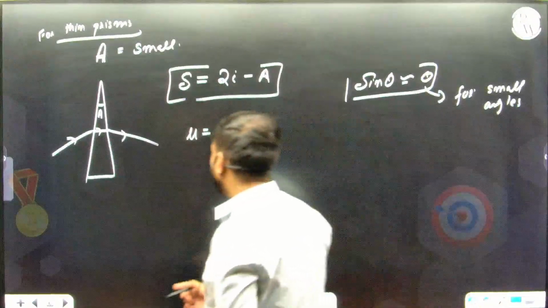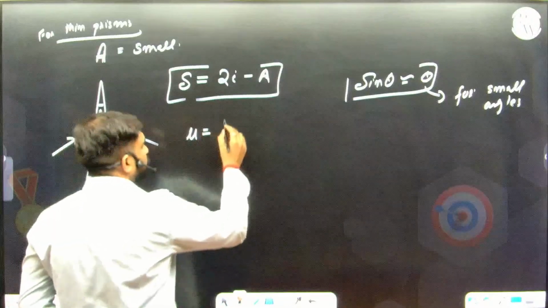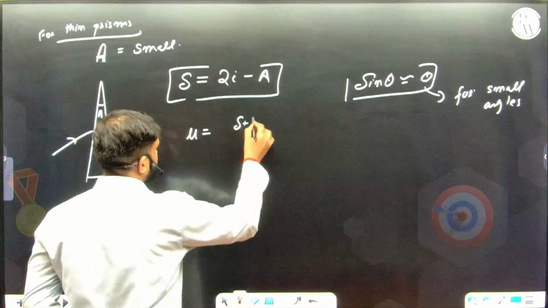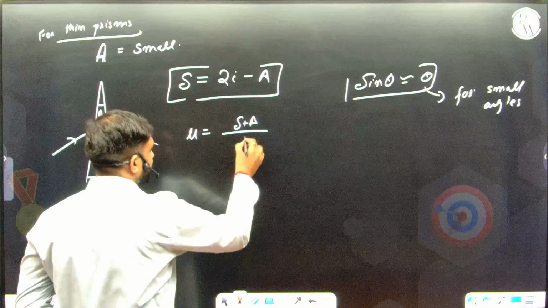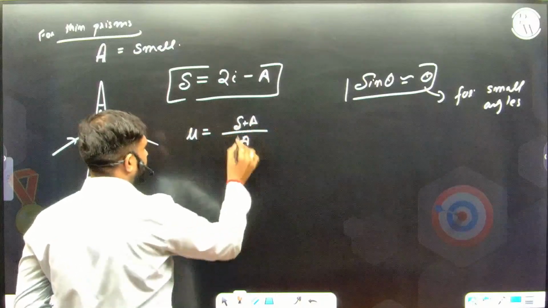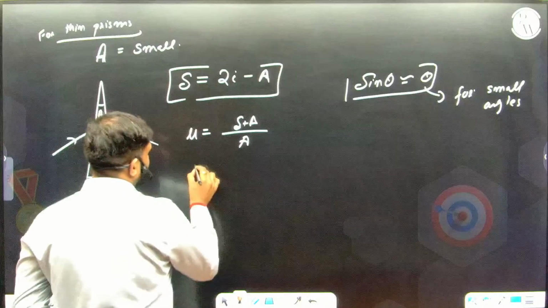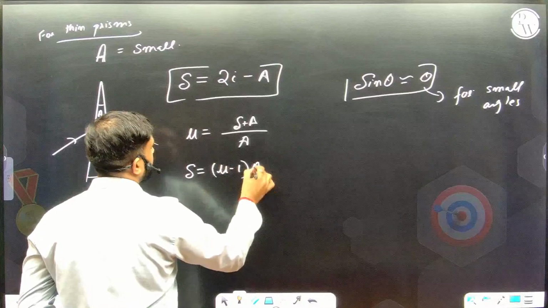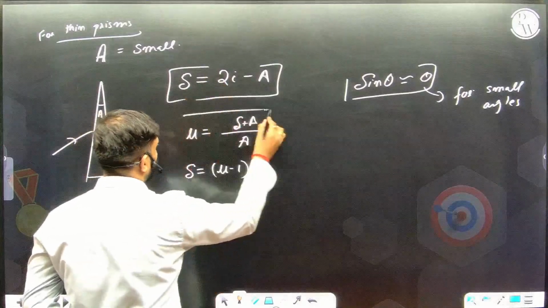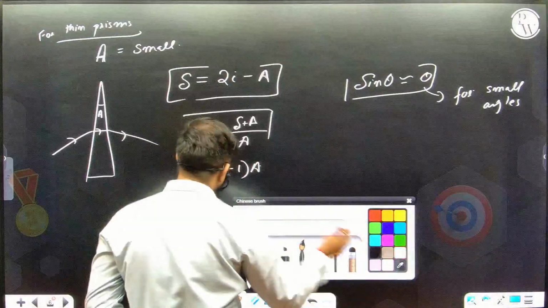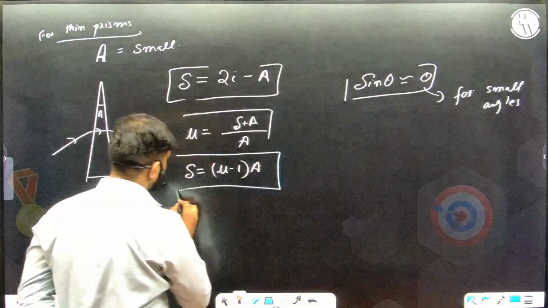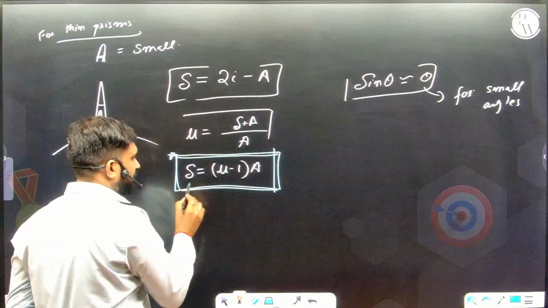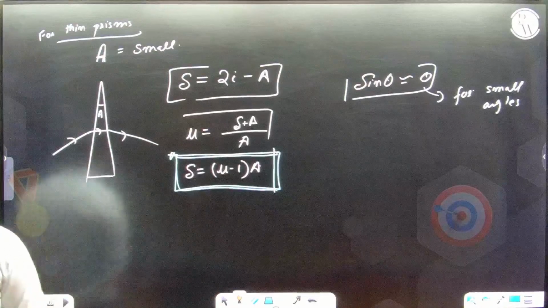And then we can relate it with the refractive index here. So sine of (delta plus A) by 2 will be simply (delta plus A) by 2, divided by A by 2. The 2 I have already cancelled, just cross multiply. So what I'll get is delta is equal to (mu minus 1) into A. From this and this formula, I have gotten the formula of angle of deviation for thin prisms. It is definitely the minimum angle of deviation, and for thin prisms all the angles will be small enough.